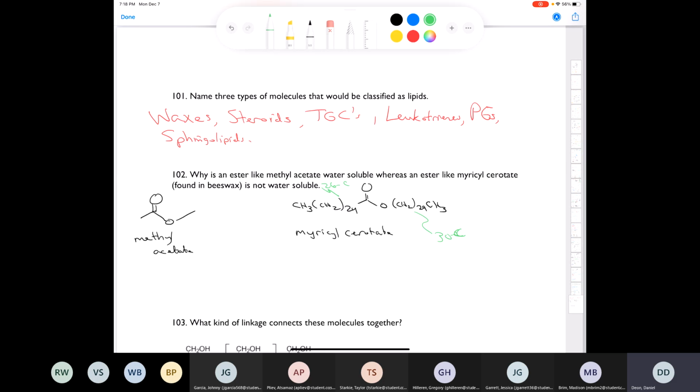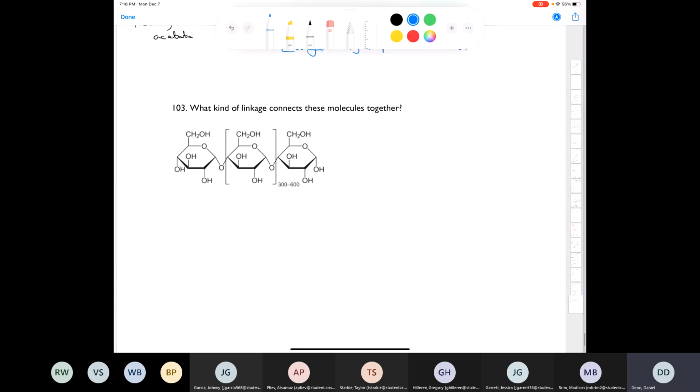Well, it's just based off of the fact that the hydrophobic chains in myrisyl cerotate are so much bigger. So we'll just put here, let's make it simple because we're running out of time. Larger hydrophobic chains. Nothing more than that.